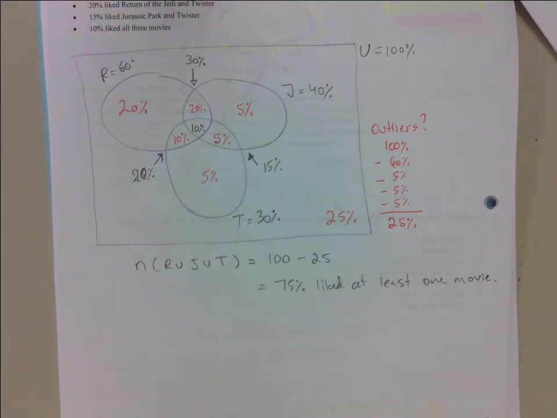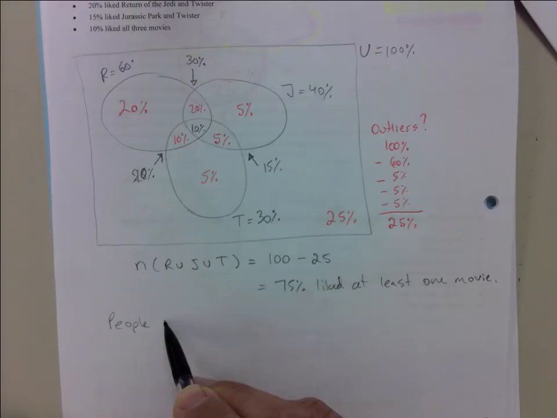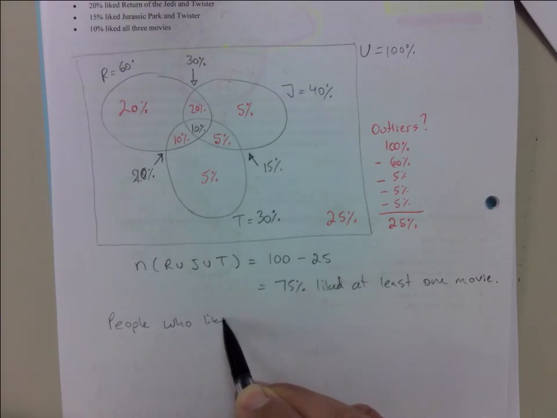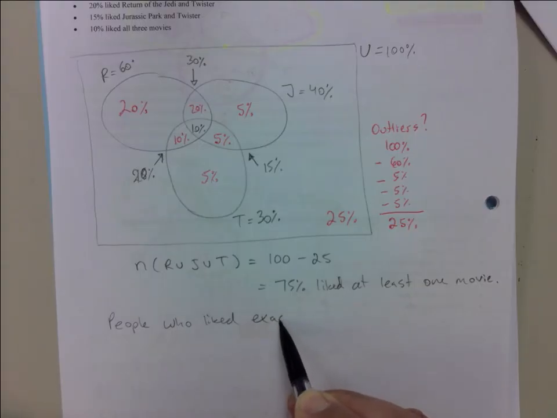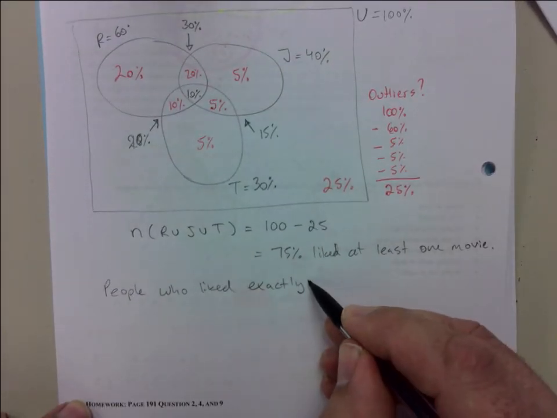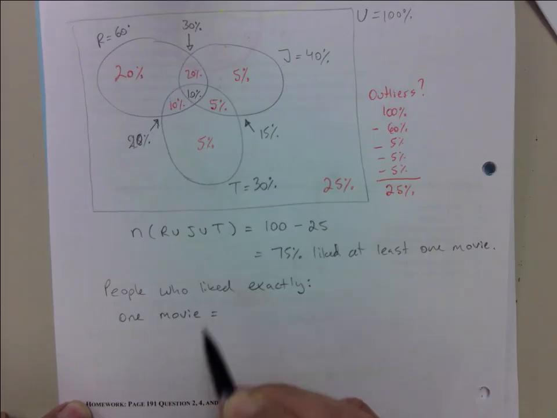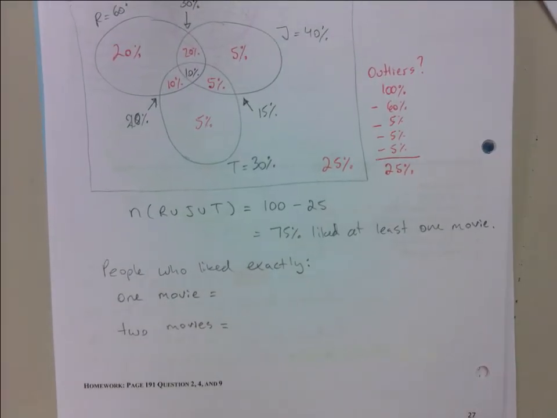What if I asked you how many people liked exactly one movie? Let's add that here. People who liked exactly one movie. We'll figure that out. 2 movies. We'll figure that out. If I wanted to know how many people liked exactly one movie, where would I go?